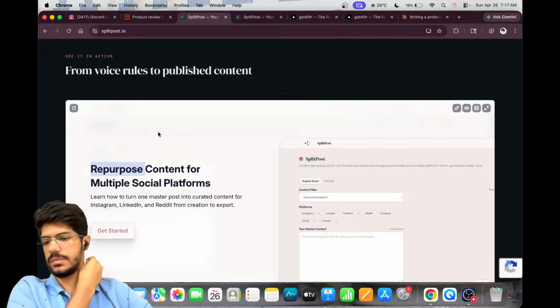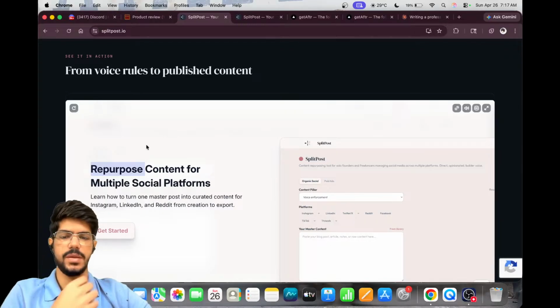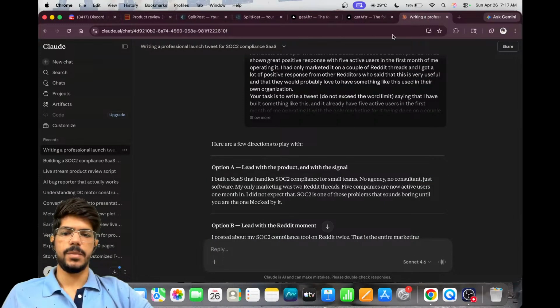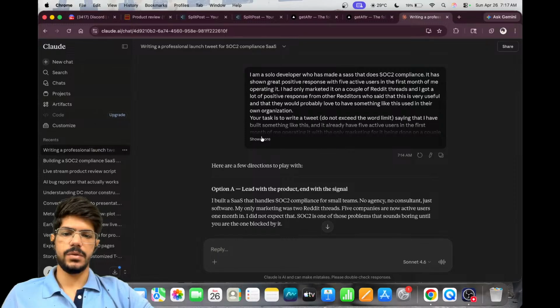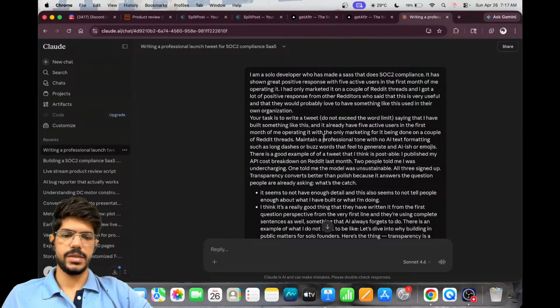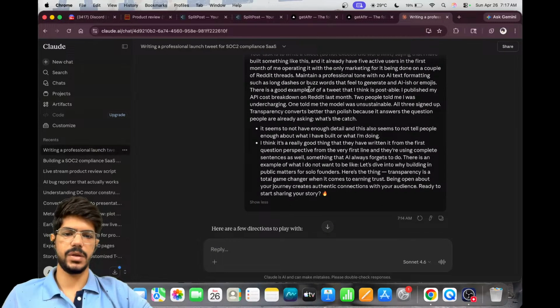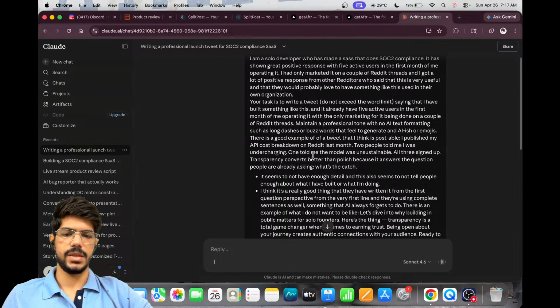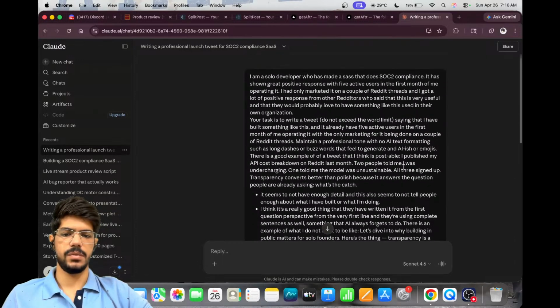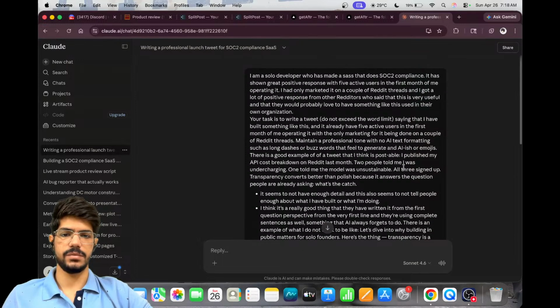I think the only moat you have right now is repurposing. But again, if you're able to figure out a template like this with whatever you want and whatever you do not want, you can just make this once, keep it aside, and then keep using it multiple times whenever you want to generate something.